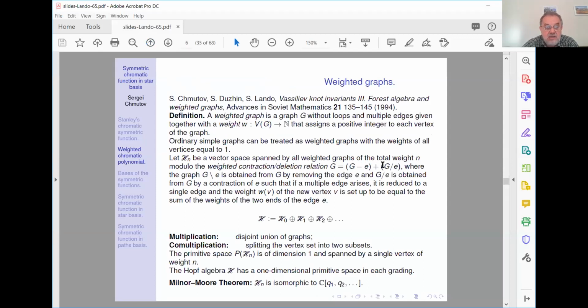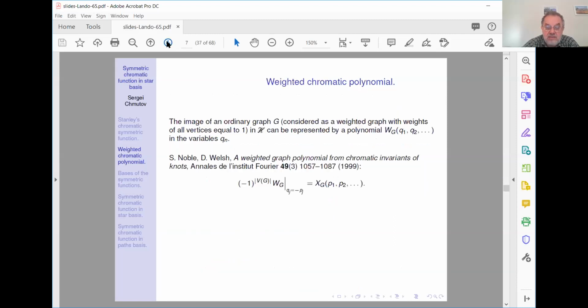Then we will get exactly Stanley's symmetric chromatic polynomial. But anyway, this is a very minor substitution. So basically it is the same thing as Stanley's chromatic symmetric polynomial.